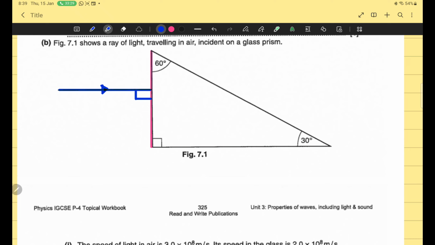When light is incident at 90 degrees, there is no change in direction, and the light goes straight.